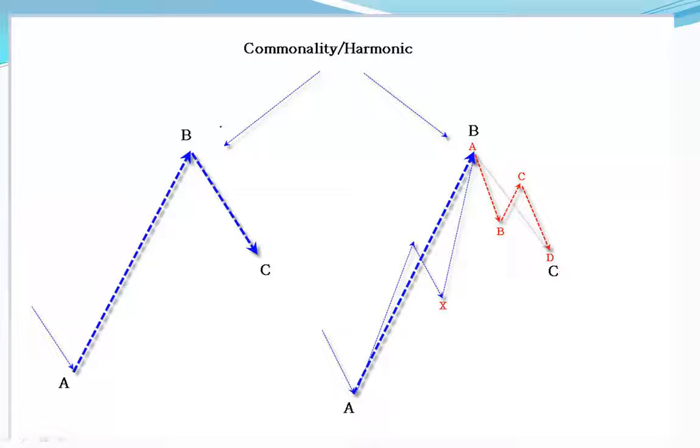If we look at it on a harmonic level, we take this swing down, put in this first rally up, pull back down, rally, down, and then we start looking at levels: what percentage from X to A, what percentage from B to C down to D. We start connecting these zones and creating these harmonics, whether it's a Bat or a Gartley, and they come into play also.